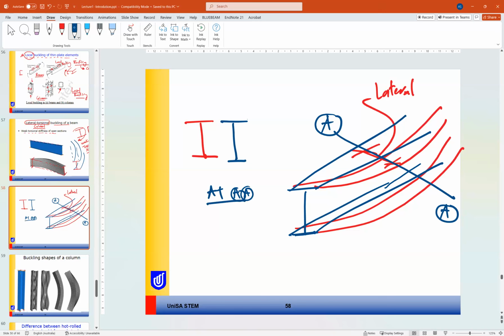So the original position of the rafter or the beam has moved laterally in this direction due to the lateral buckling. Okay.